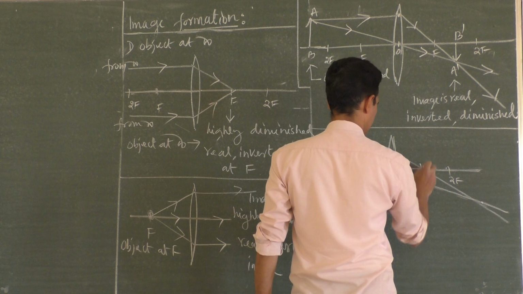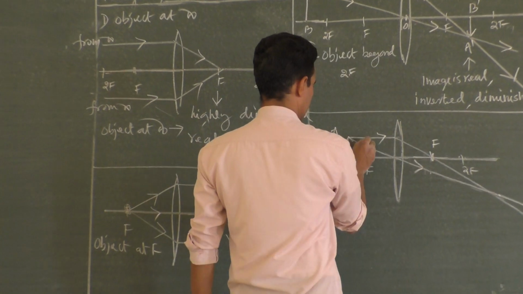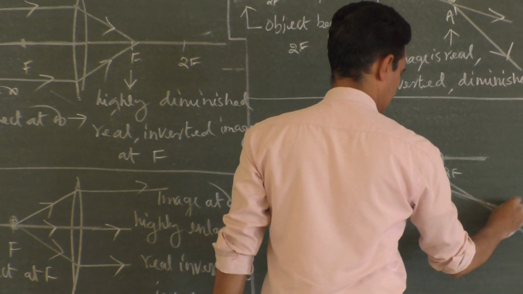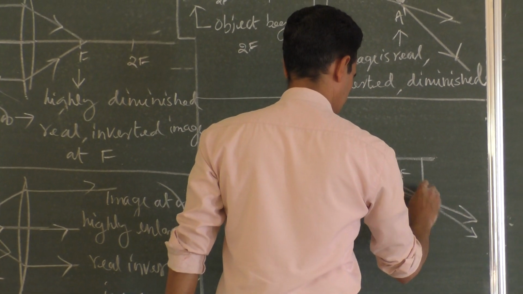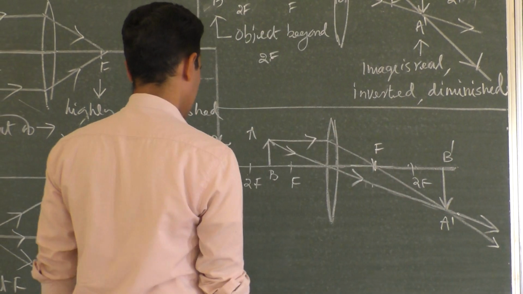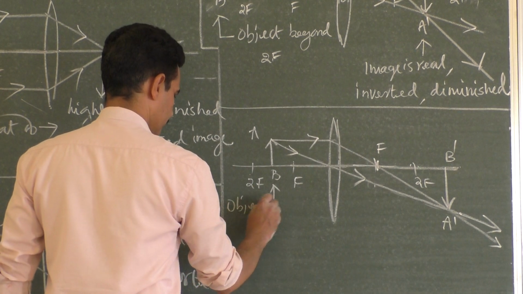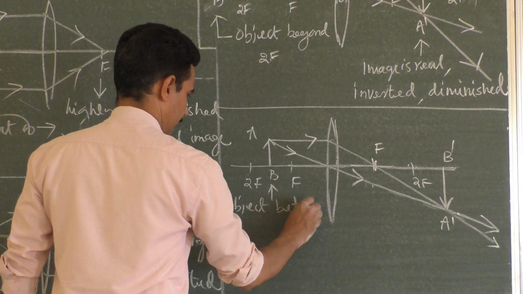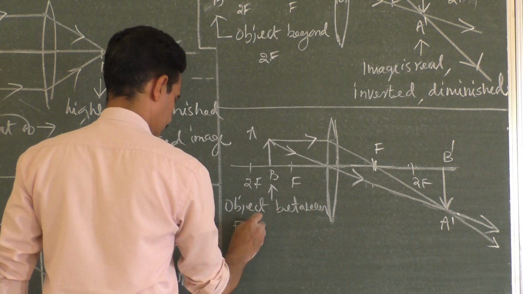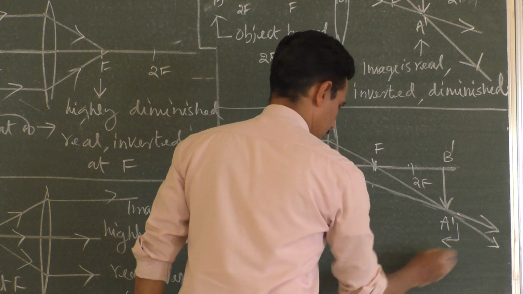This is f, I will shift it here, and this is 2f. So the two rays meet here after refraction, and this is B dash A dash. So this is the object between f and 2f. What is the image? The image is here.